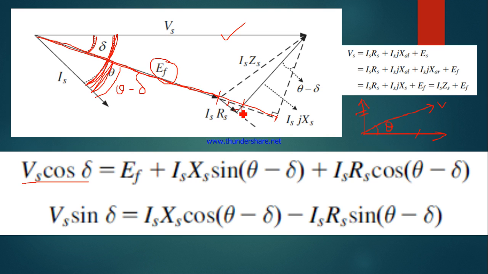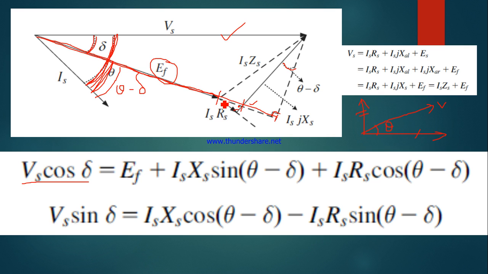So this angle is 90 degrees, this angle is 90 minus theta minus delta, and this angle is also 90 minus theta minus delta, and this angle is 90. So this angle is theta minus delta again.